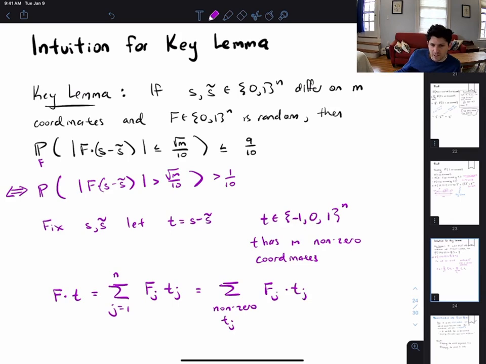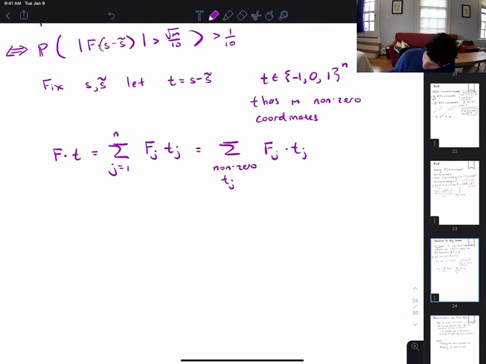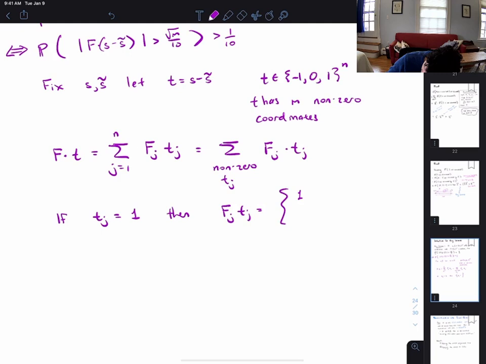All right, so all of the ones where tj is 0 just don't matter. And what we have is a sum of m random variables of the form either fj or minus fj. Okay, so let's look at what those random variables actually look like. If tj equals 1, then fj tj equals 1 with probability 1/2 and 0 with probability 1/2.